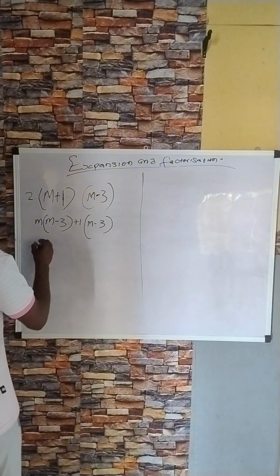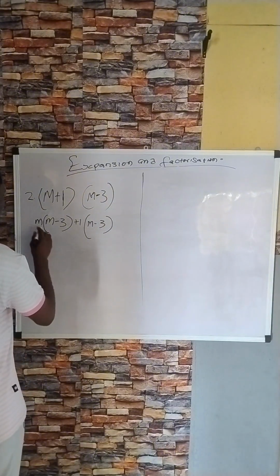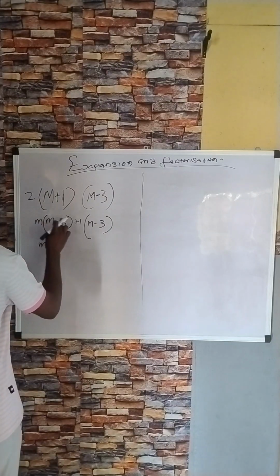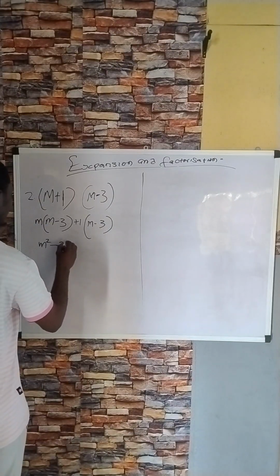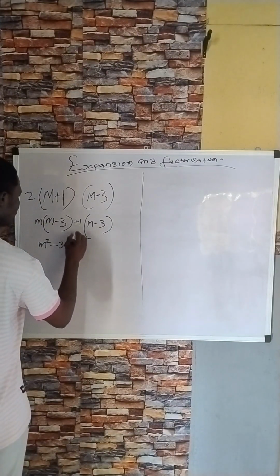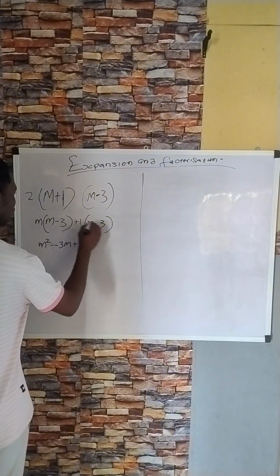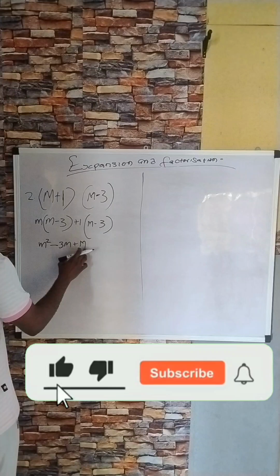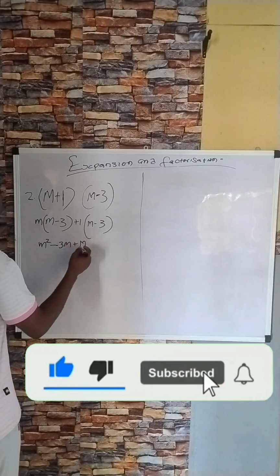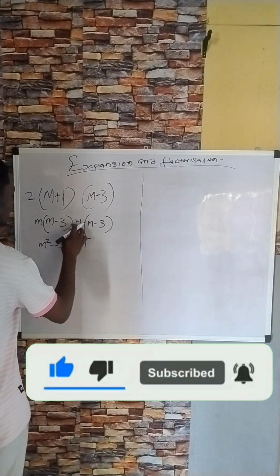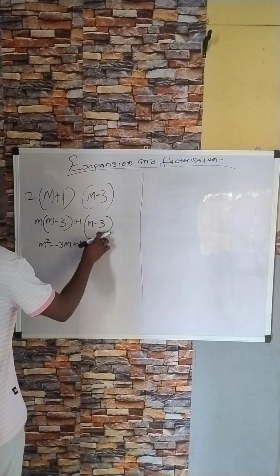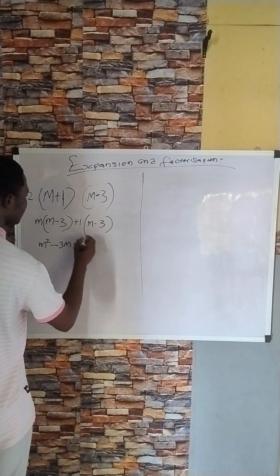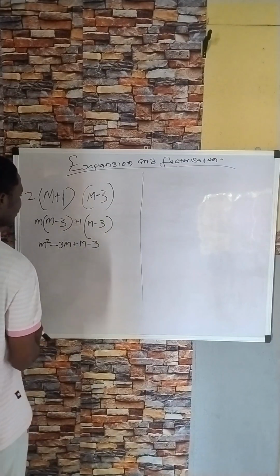This will give you m squared. m times m is m squared, minus m times 3 is 3m, plus m. You know that the coefficient of this m is 1, so there's no need to put 1m. Just write m. This times this will give you plus times minus is minus, and then this will be 3.